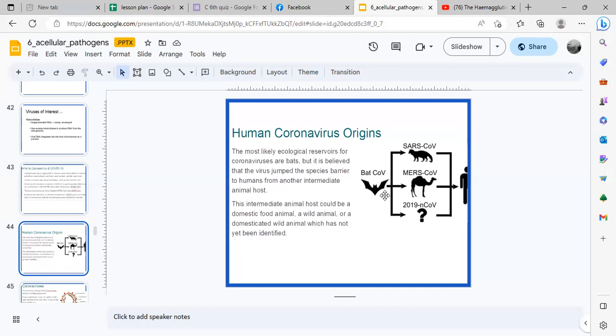So ang theory dito sa COVID-19, so intermediate host nito, I think it's the armadillo. So yun yung theory ng ibang scientist. So yan yung isang theory.